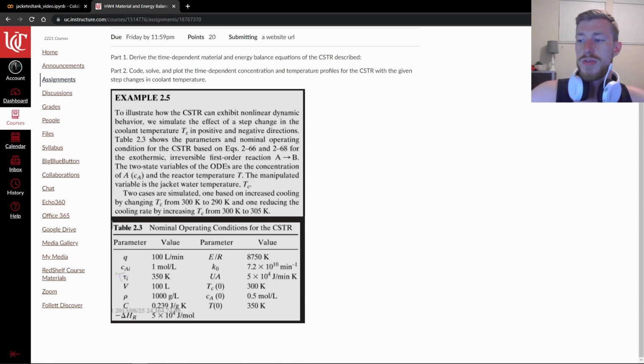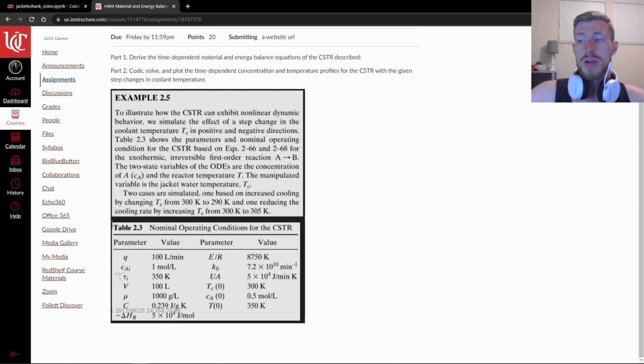Finally, down here we have our 3 initial conditions. For the sake of what we're simulating, when we change the coolant temperature from 300 Kelvin, which is what it says down here, to 290, or from 300 up to 305, since time 0 is the instant that switch happens, we're not going to need to include TC directly.